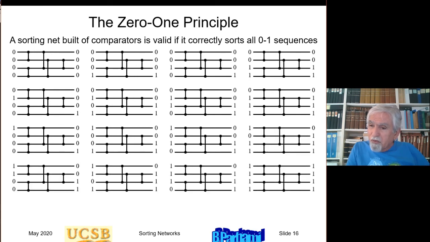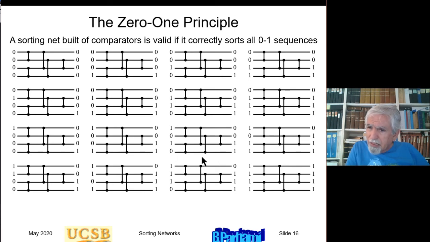And if it works for all these 16 possibilities, so beginning with 0, 0, 0, 0, 0, 0, 0, 1, which is 1 in binary, 0, 0, 1, 0, 2 in binary, all the way to 1, 1, 1, 1, which is 15 in binary, and just trace the operation.